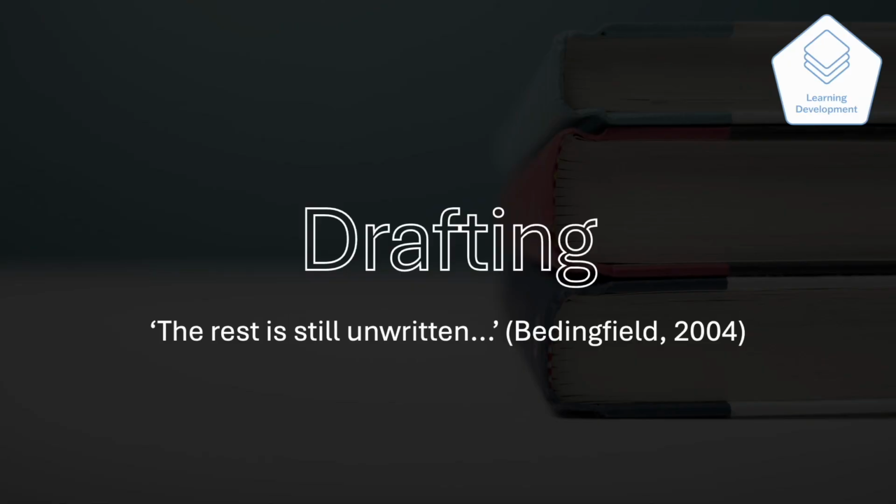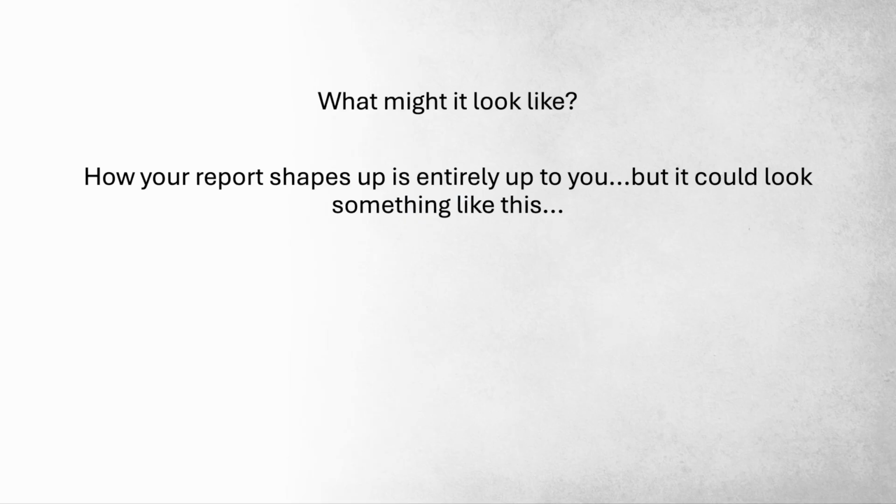Drafting. Let's have a look at how we might start to draft out this particular report, because there are 2 components to it, a reflective element and the report element. So what might it look like? How it shapes up is entirely up to you. It could look something like this, but please do not feel that this is a definitive structure at all. By no means.